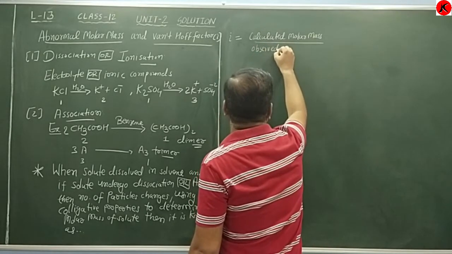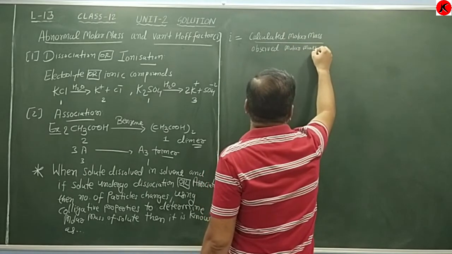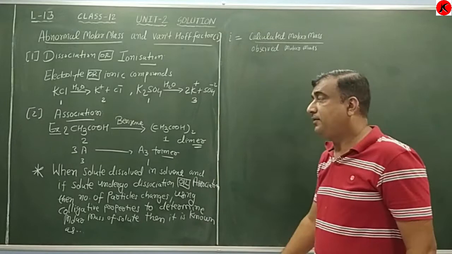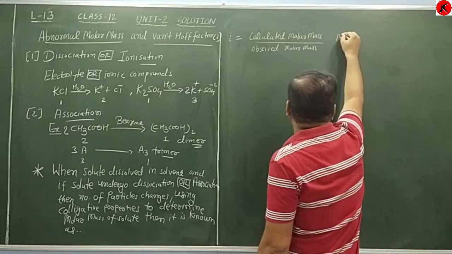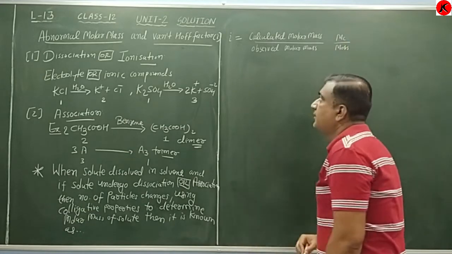We can write i equals M calculated divided by M observed.